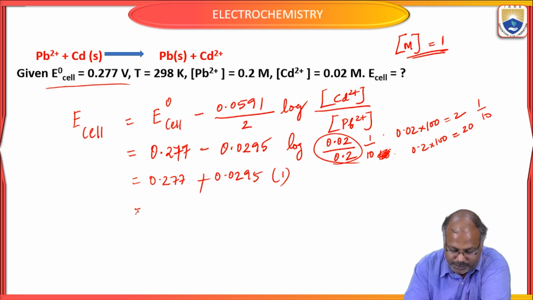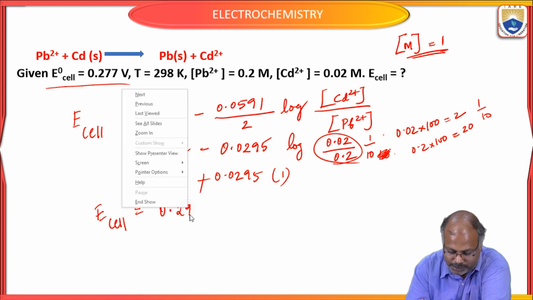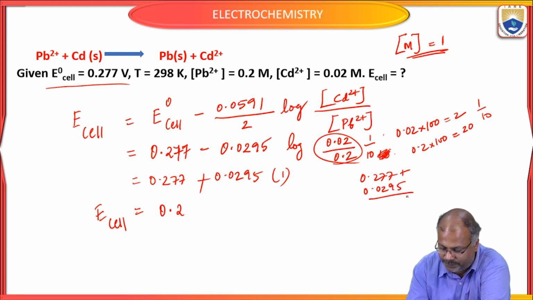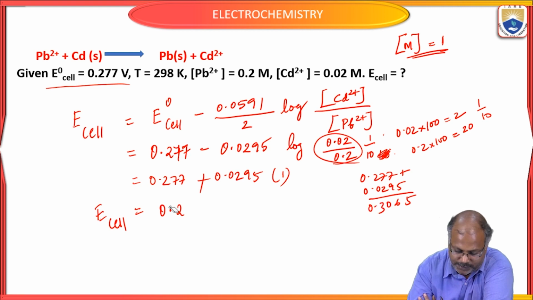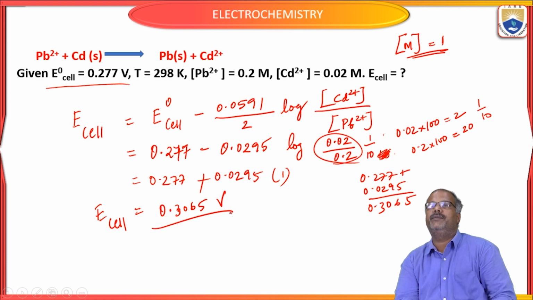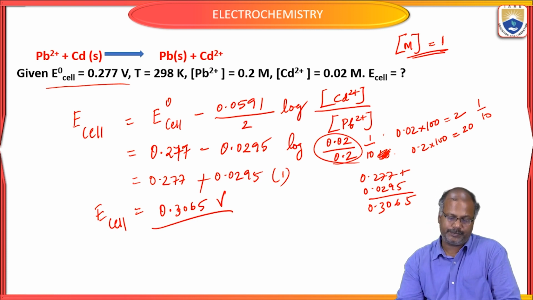So EMF of the cell is equal to 0.29 plus 0.0255 into 0.3, so 0.3065 volts. This is the EMF of the given cell.